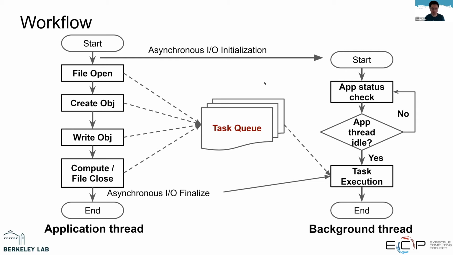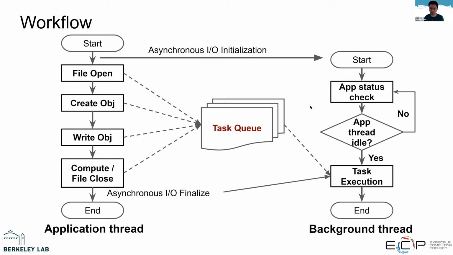So some careful handling was added to the library and to the async VOL, in that we are doing status checking, or spying, on the application thread, where we queue a number of operations. We do not start executing them, but we put them in a queue and wait. When we detect that the application thread has finished issuing all the HDF5 tasks, maybe it's doing the next computation, or maybe it starts to do some communication, only then do we start the async task background thread execution.